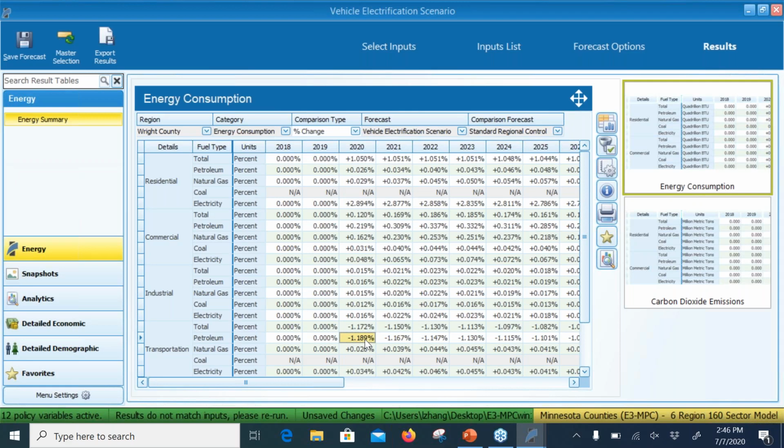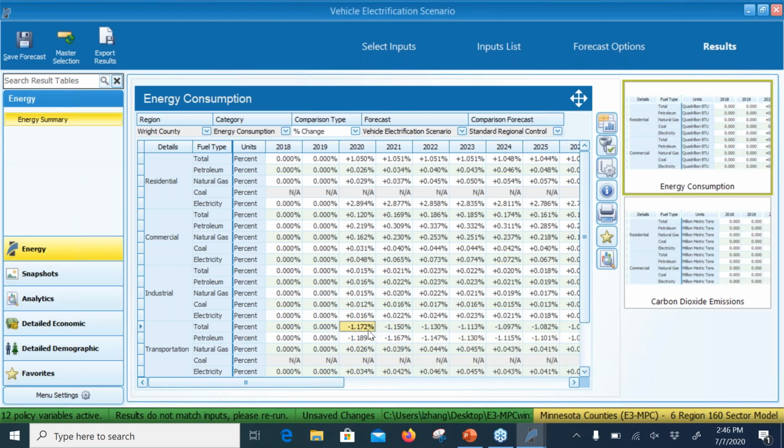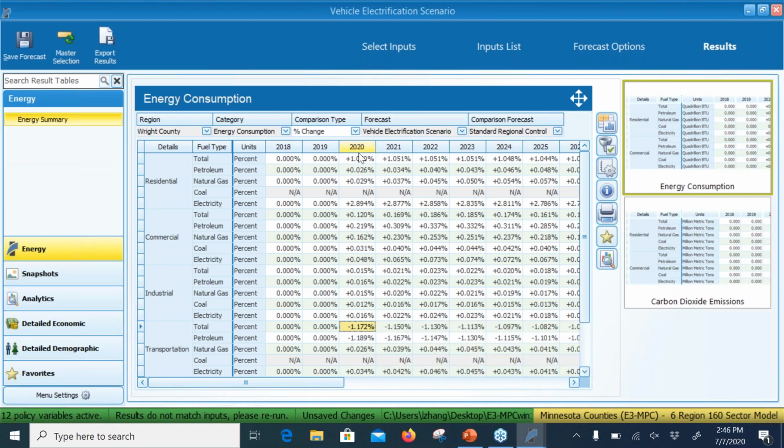And so overall, we see these amounts of changes in energy consumption, and we can compare total change in energy consumption. So you see here on the transportation side, we have minus 1.172% versus plus 1%.